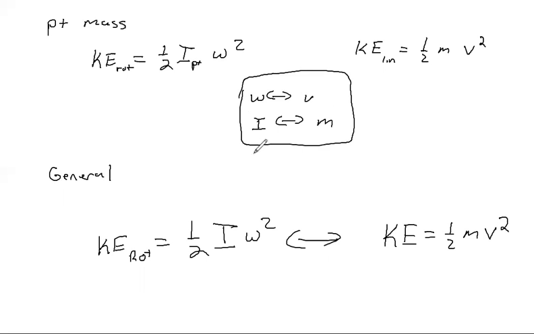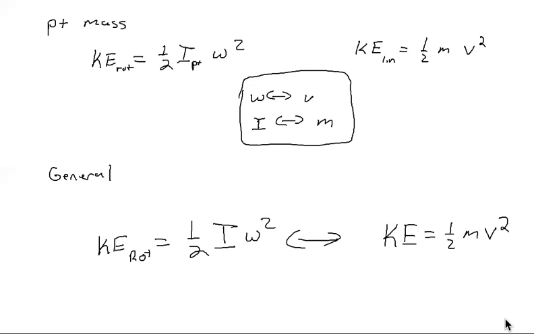And this dictionary that I boxed in is going to be helpful. It's a helpful mnemonic to remember that if you understand normal kinetic energy or the linear quantities, then there's a dictionary that immediately takes you to their angular analogs.